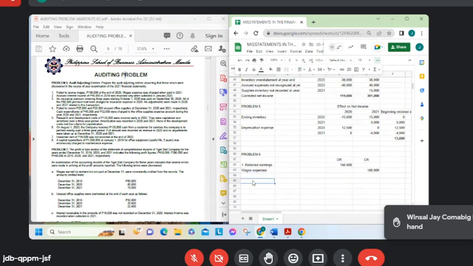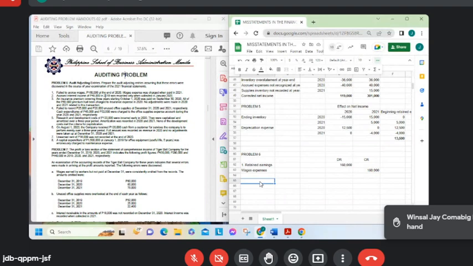Okay, number two, accrued interest income of 48,000 in 2020. Correction lang to. The accrued interest income amounting to 48,000 in 2020 was recorded only when collected in January 2021.